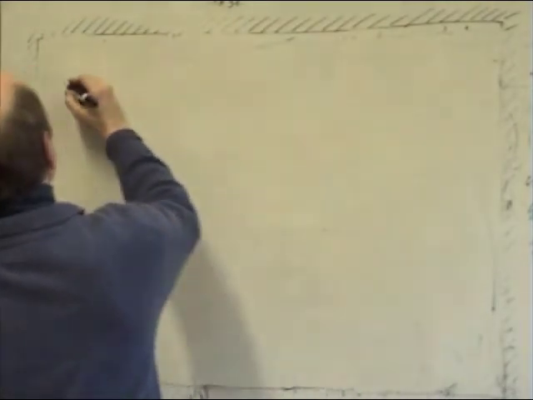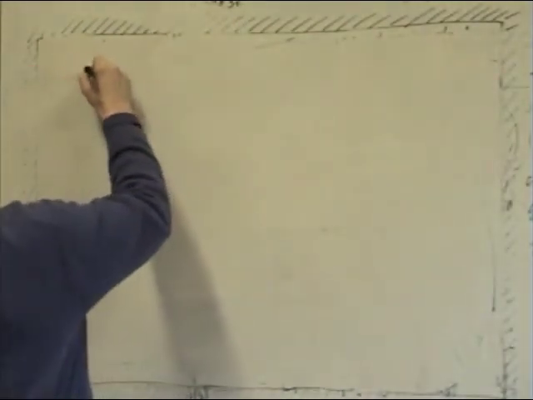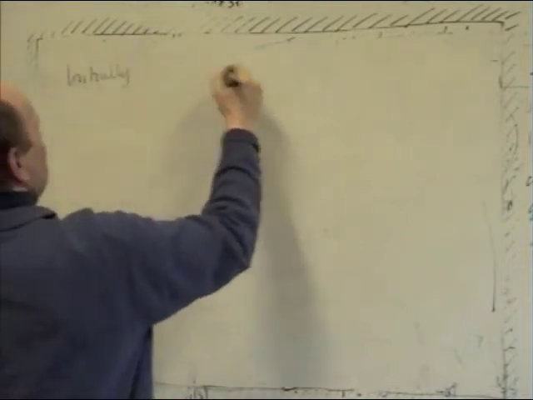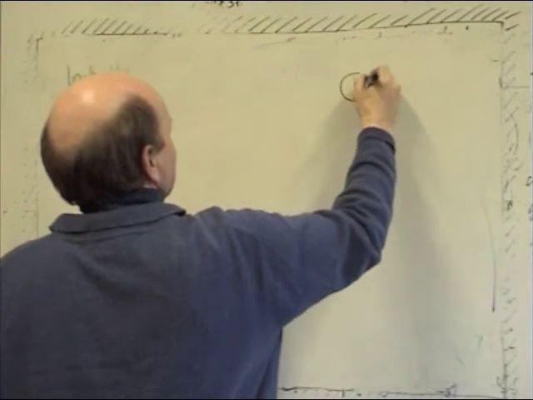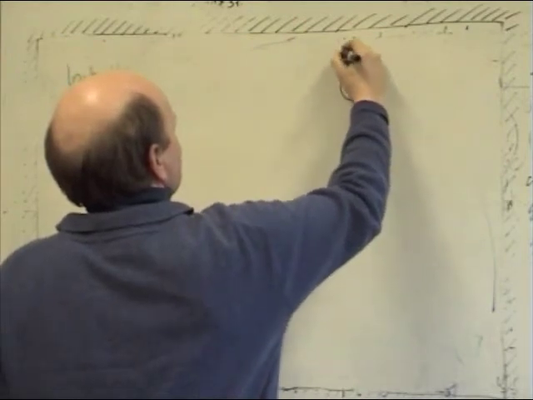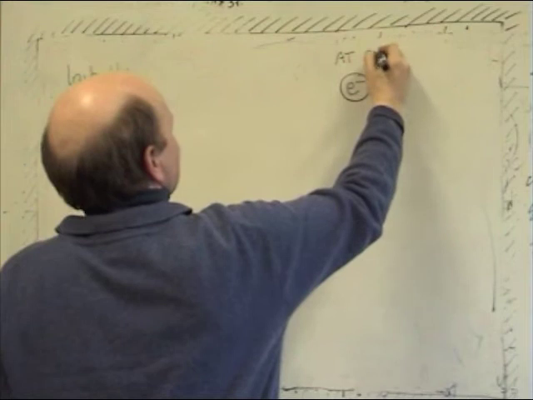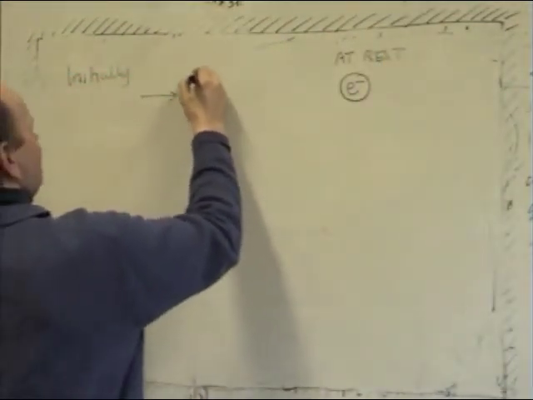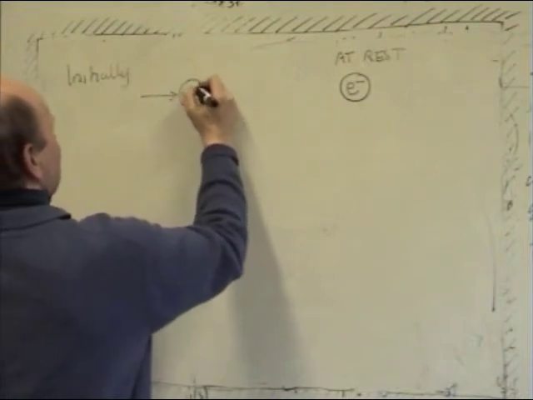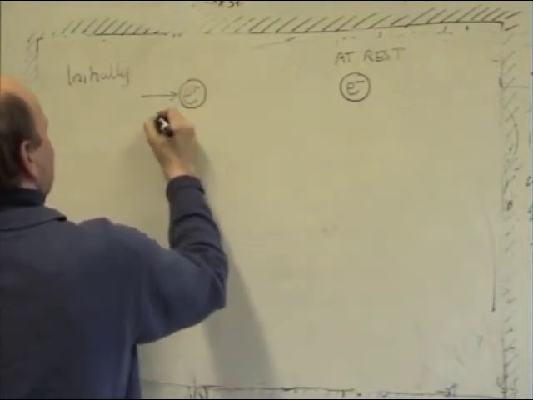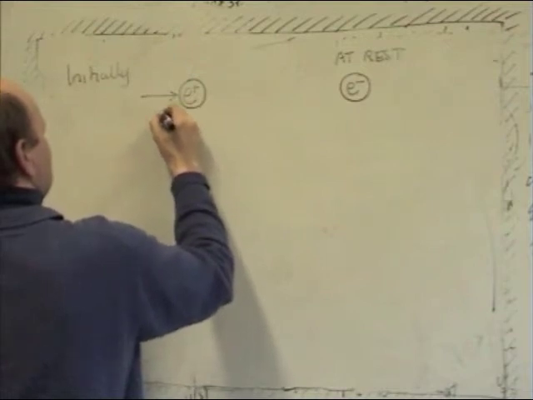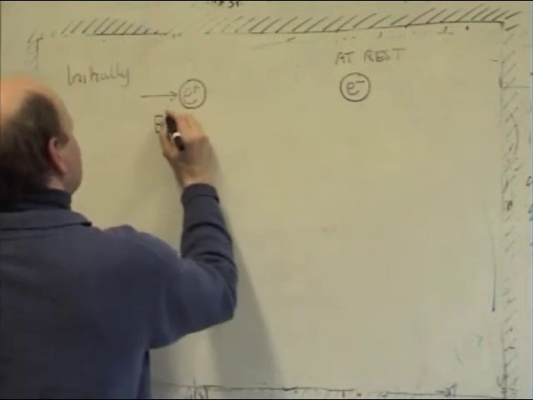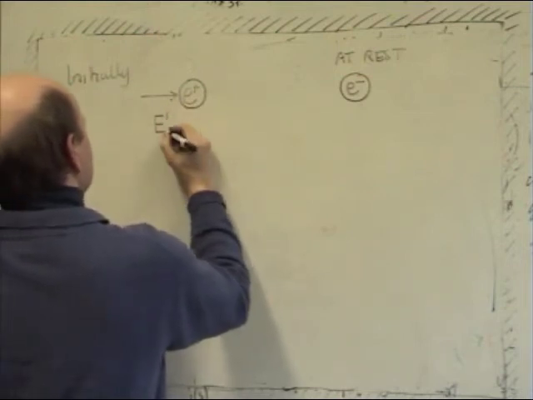So now, initially, we have an electron, and it's at rest in the lab, and we have a positron coming in, and it has energy, we'll call it E primed plus.